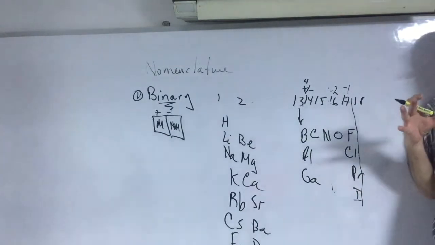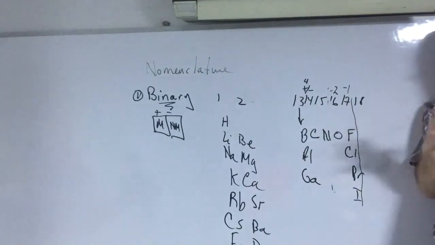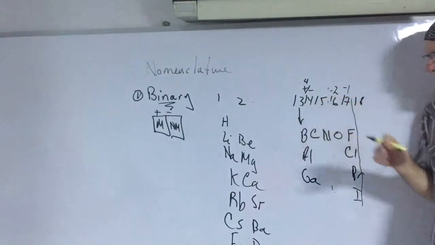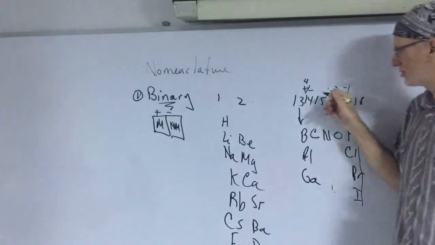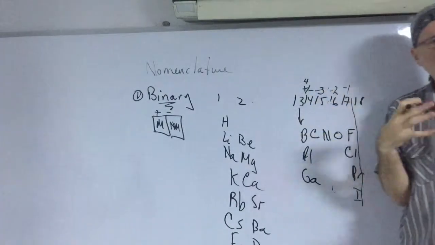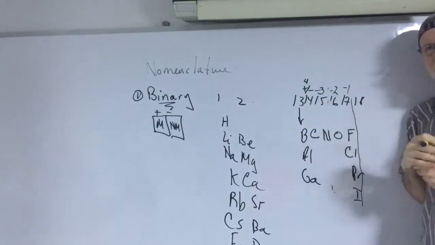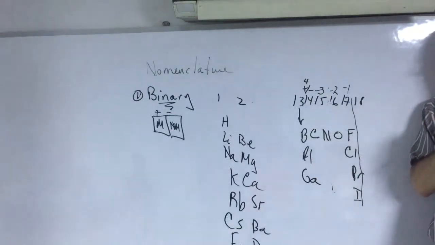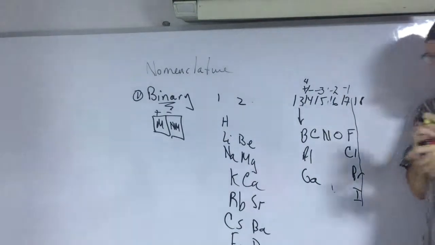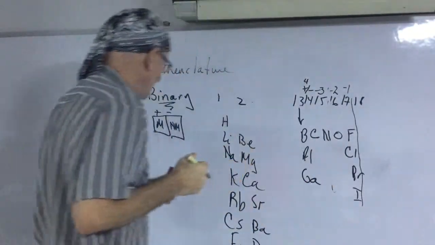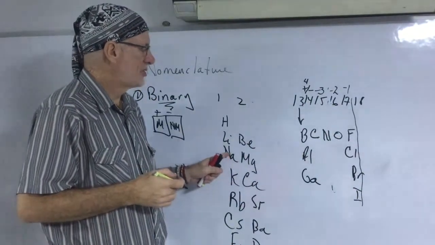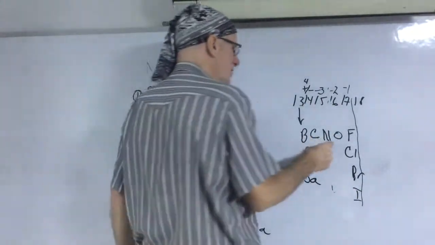We don't worry about exceptions. It's nonsensical. Clear? And what about 15? -3. Now, we will get into exceptions with nitrogen, for instance, and we're not going to worry about that right now. We're just doing a very straightforward binary nomenclature. Clear? Okay. Now, so let's take sodium. What's under oxygen?